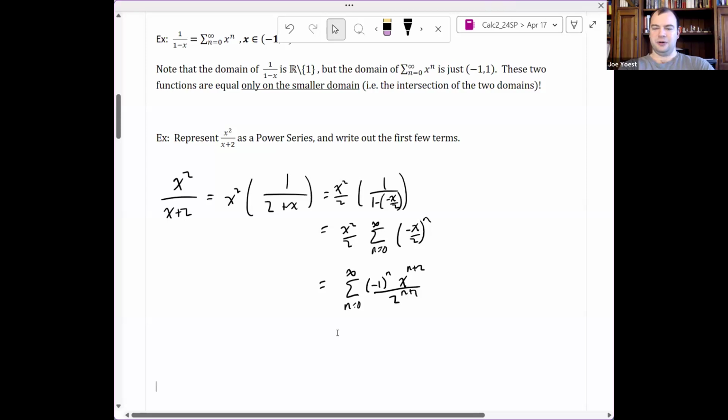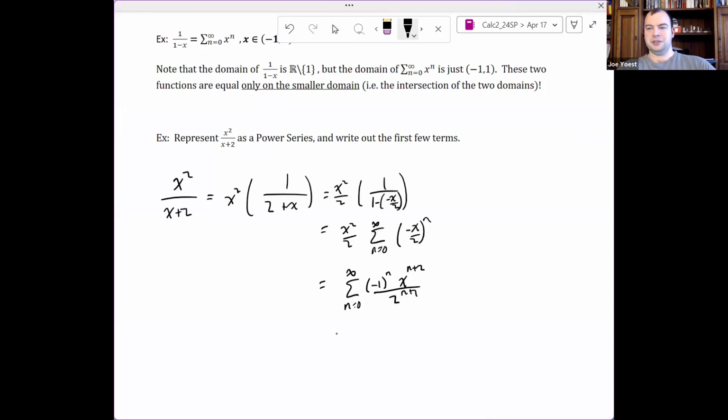But I have to be careful here. I have to look at my interval of convergence. And I know I'm going to converge when and only when this ratio, x over 2, is between 0 and 1, or in absolute value, whenever absolute x is less than 2.